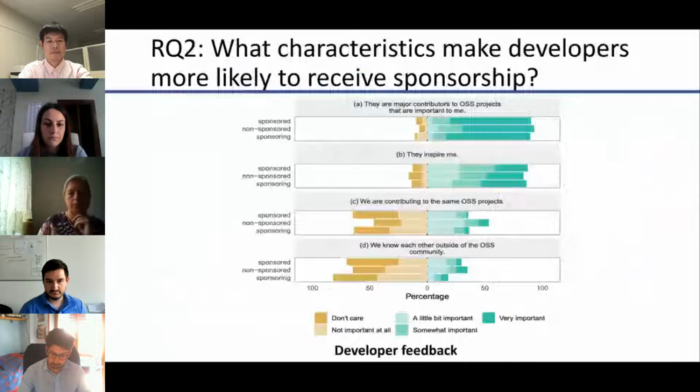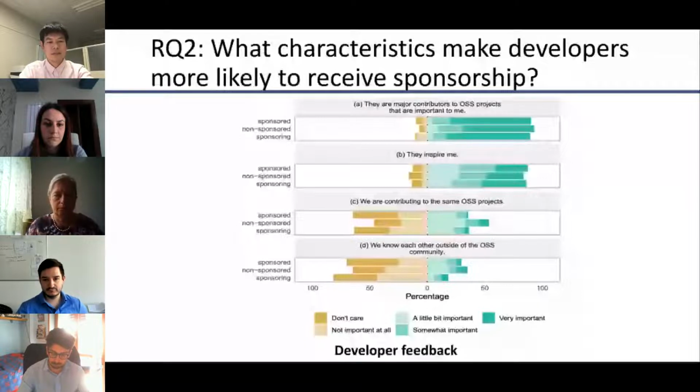We surveyed developers on important factors to consider when deciding who to sponsor. As expected, being a major contributor to an important OSS project was a very important criterion. Then, in terms of the criterion of inspirational, the majority of responses were positive. Because of the individual sponsorship, personal attractiveness seemed to be important.